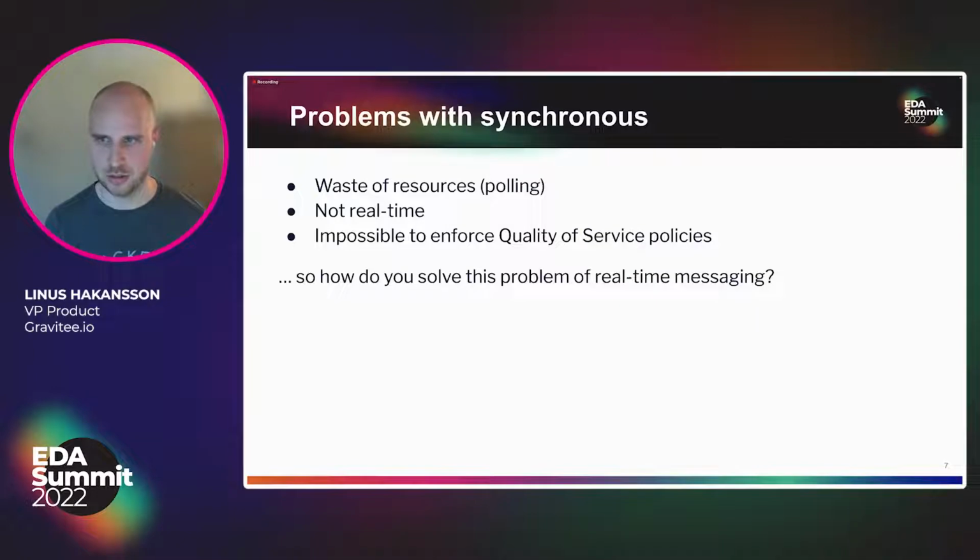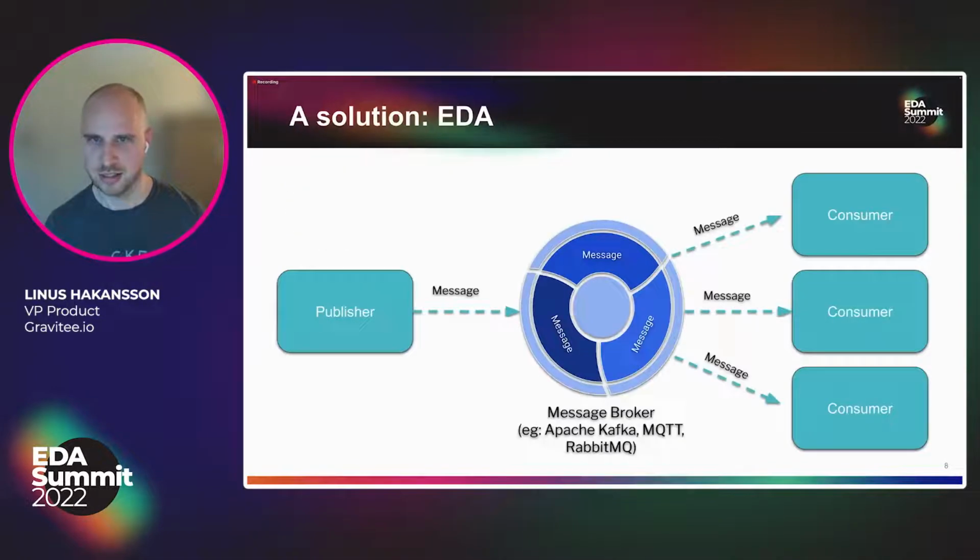So how have we solved this problem of real-time messaging? Most of you will know, because that's part of the EDA Summit, it's event-driven architecture and event brokers. One way to look at this differently is to decouple the publishers and the consumers, and have a broker in place to broker between these messages. In our case, Mario's mobile app will send messages to a broker.